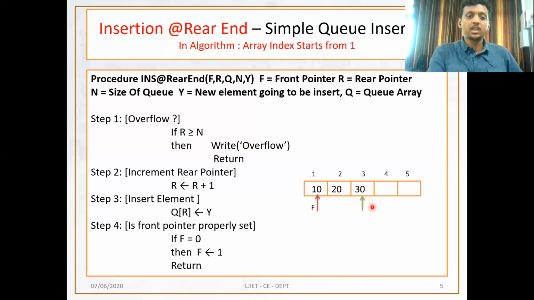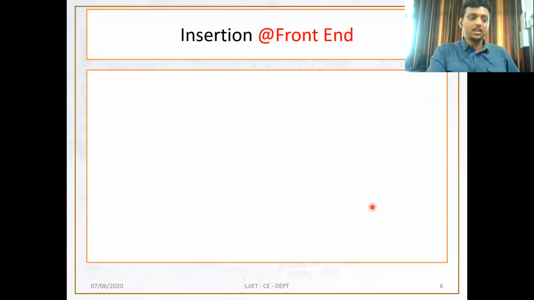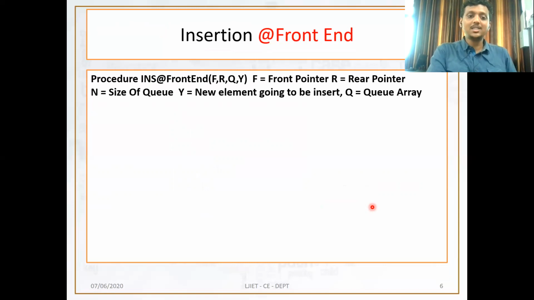The next is insertion at front end. So how does it occur? See the example. Here we have the procedure INS at the front end. We just need to insert something. I'm taking F, R, Q, Y; I'm not taking N, Y, we will see it later.